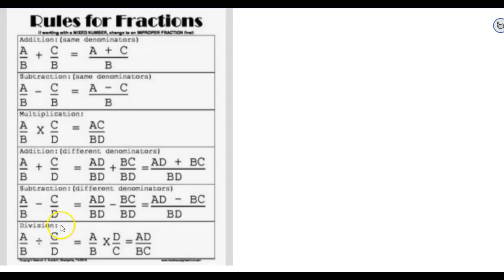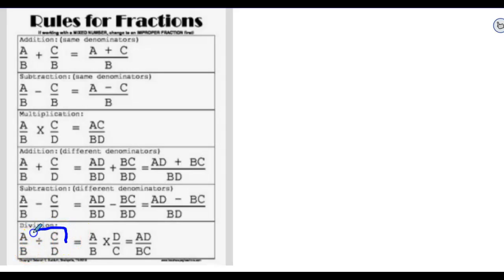Division is the one that most children struggle with. We come straight across here. Remember that when we would do this in class, we would say A/B divided by C/D.